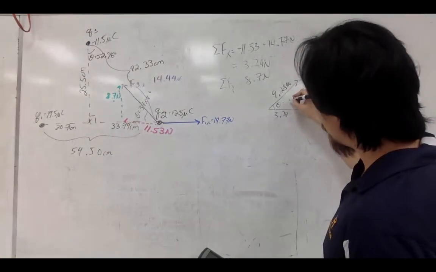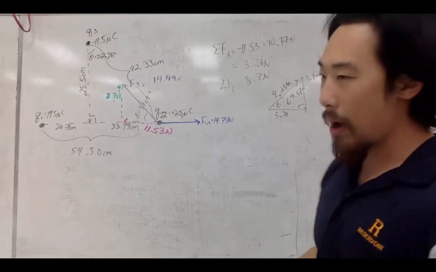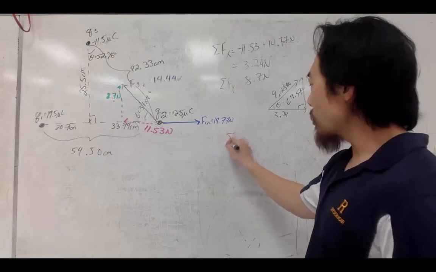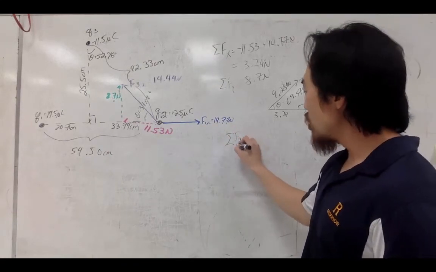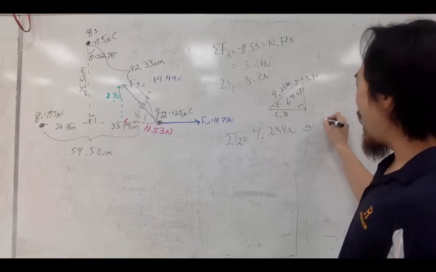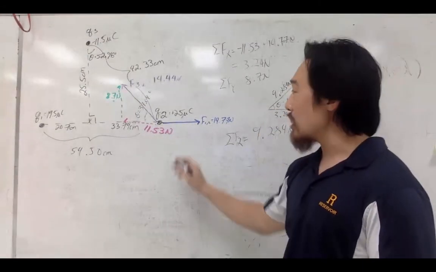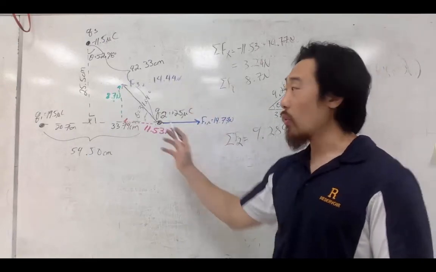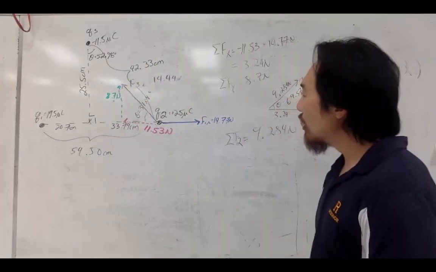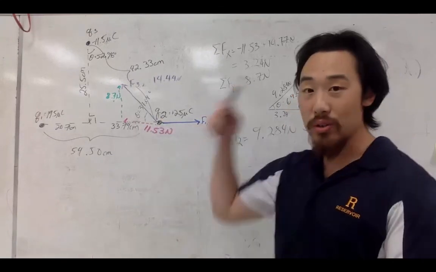And I get the angle of 69.57 degrees. So my final answer is that the net force on charge 2 is 9.284 newtons at 69.57 degrees. And that's because it's in quadrant 1. If it's in quadrant 2, you got to do 180 minus whatever angle, and so on and so forth.